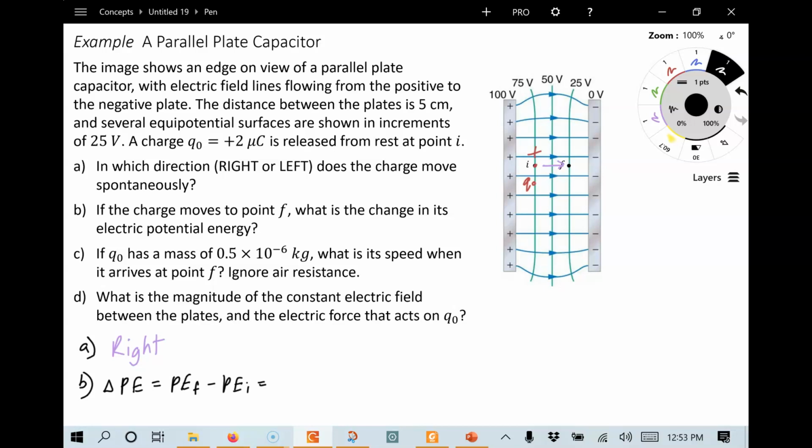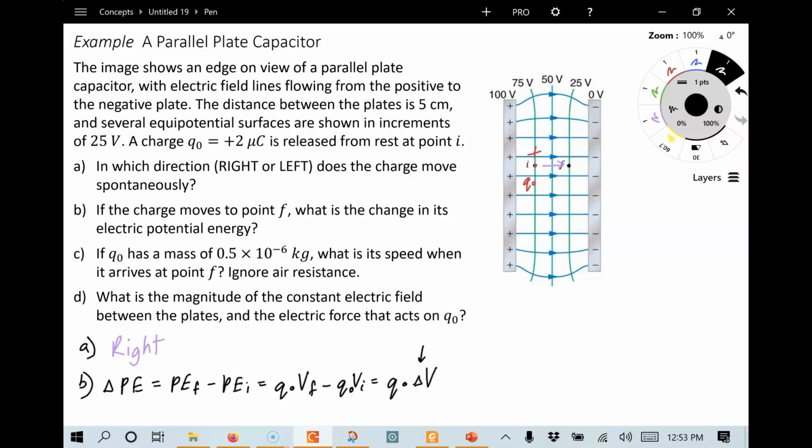And we have a formula for the electric potential energy. That's going to be Q times V final minus Q times V initial. In fact, in this case we can factor the Q out and just multiply Q times the change in the electric potential.